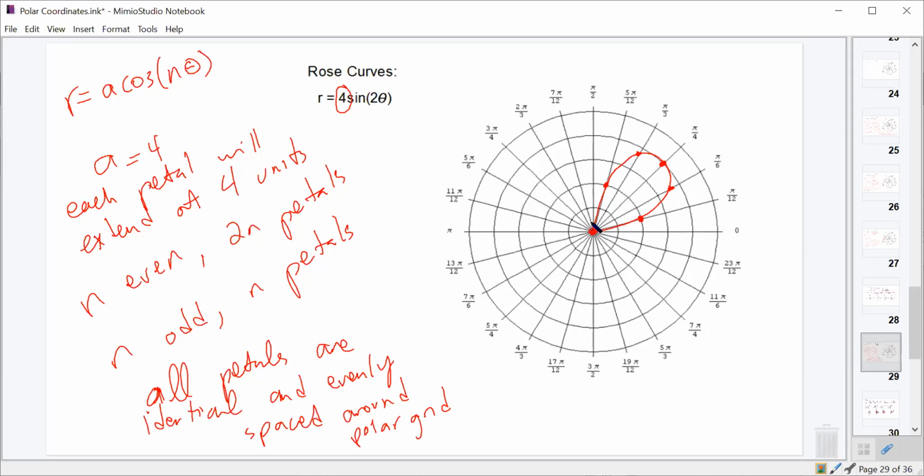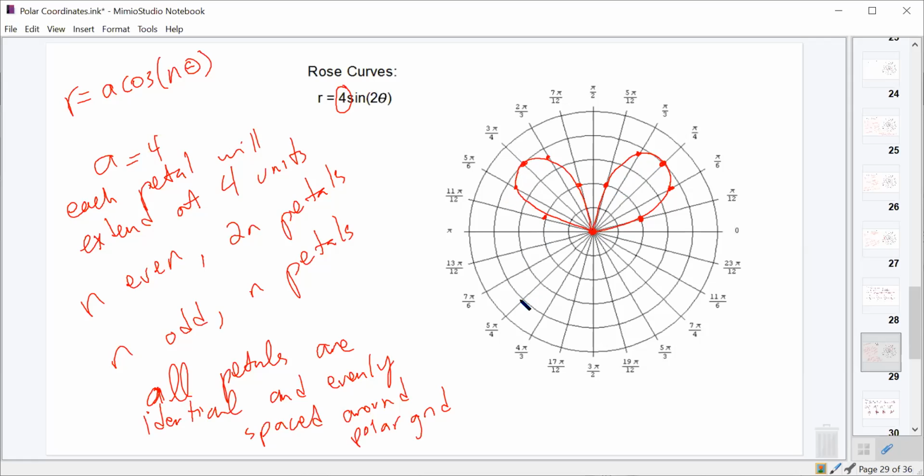Now we know that they're all evenly spaced out. So the furthest out point of this first petal is at pi/4. So where should the furthest out point of the next petal be? 3 pi/4. So at 3 pi/4, we're going to be out to 4. The petals should be symmetric and identical to each other. So we should have another petal that looks like that.